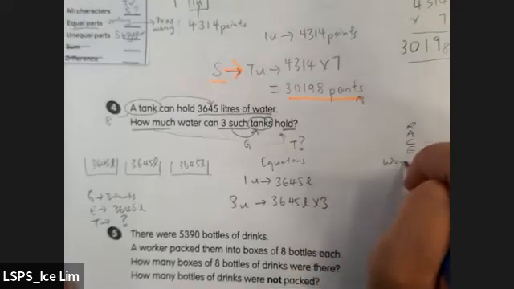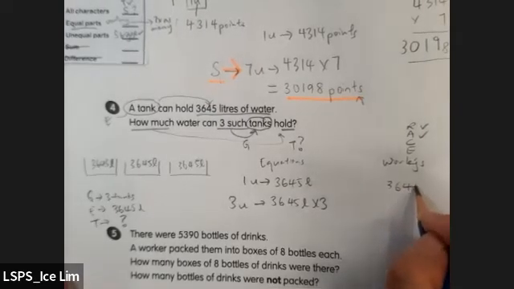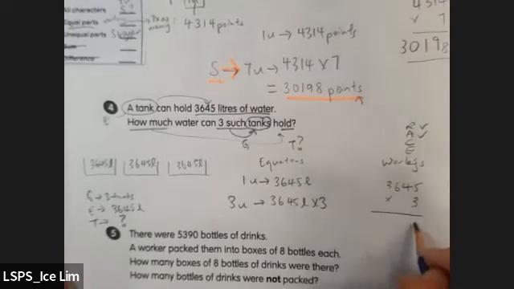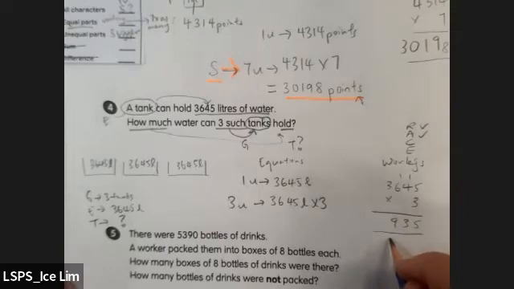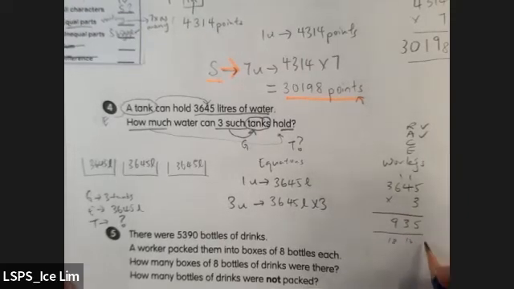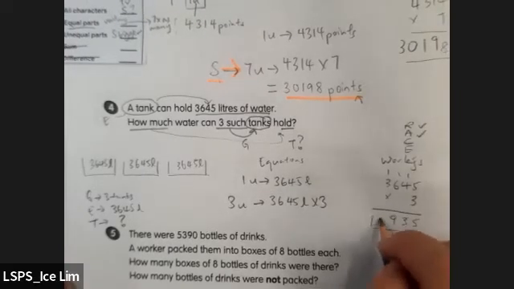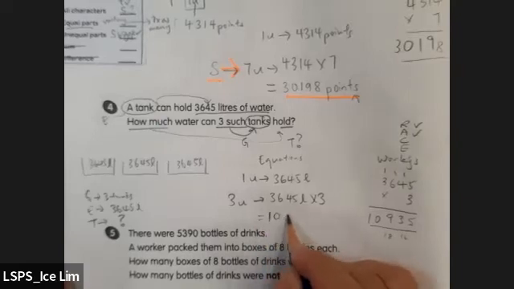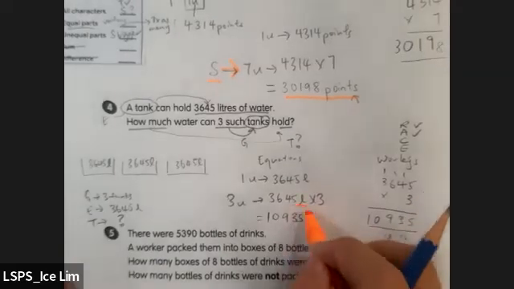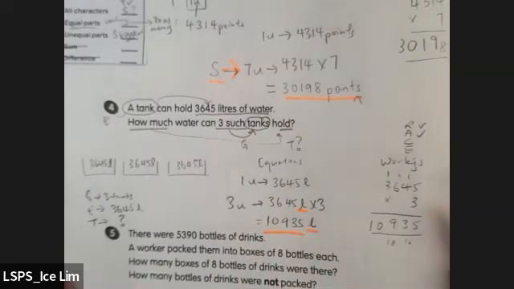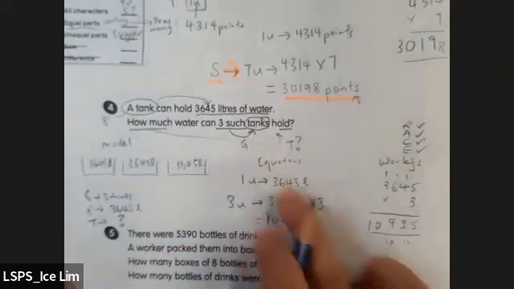Do my working at the side. 10,935 liters. Check units. Liters. Check working. Model. Equation. Working.